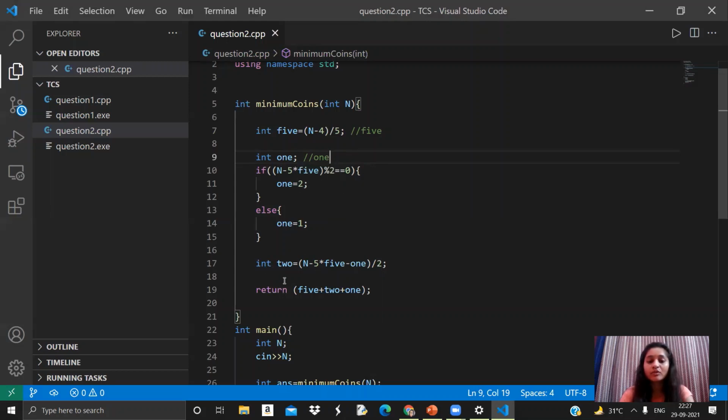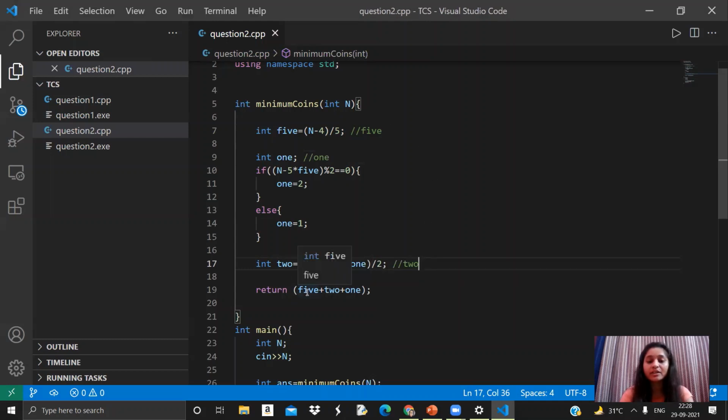Now for 2, the number of 2 coins will again be the remaining number after excluding the number computed by the 5 rupee coins and the number of 1 rupee coins. The remaining number I am dividing by 2, and whatever value we get will be the number of 2 coins, and adding all the coins will be my answer.